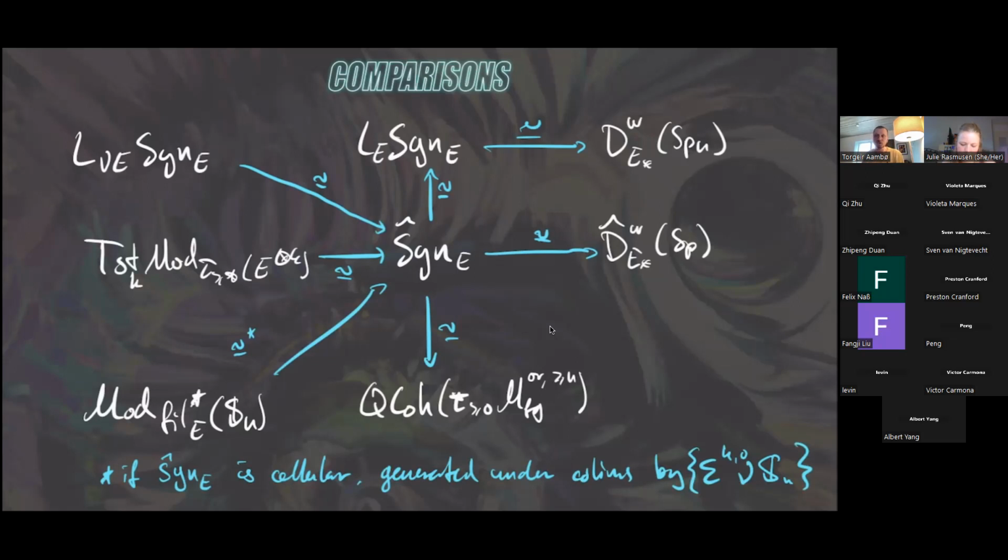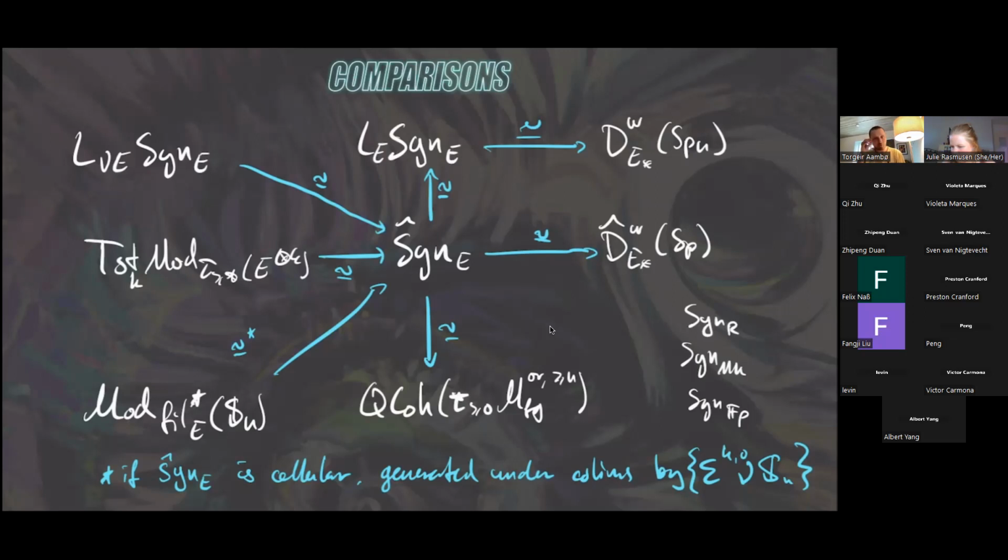There are a bunch of different categories where this works. So if we take inspiration from this, then not only Syn E is cellular, but the category of MU based synthetic spectra are cellular, the category of FP synthetic spectra are cellular, and in particular, if you have any connective ring spectrum R, then Syn R is cellular.